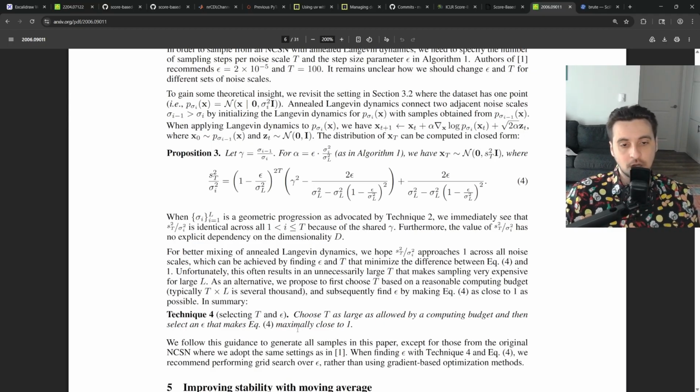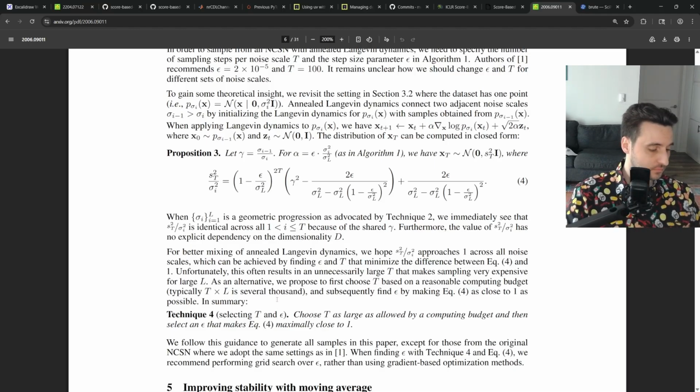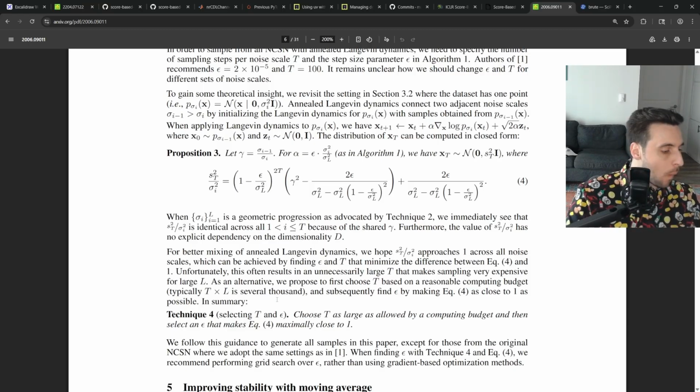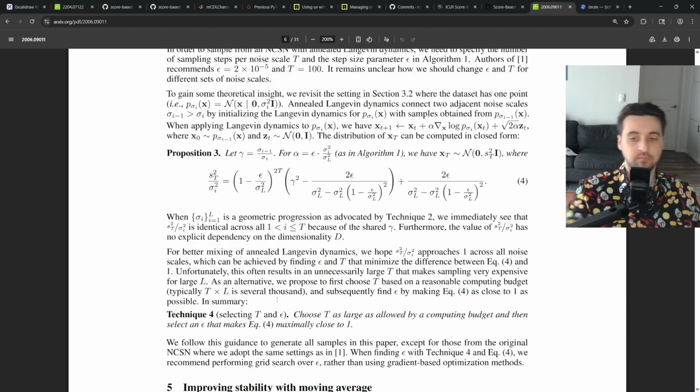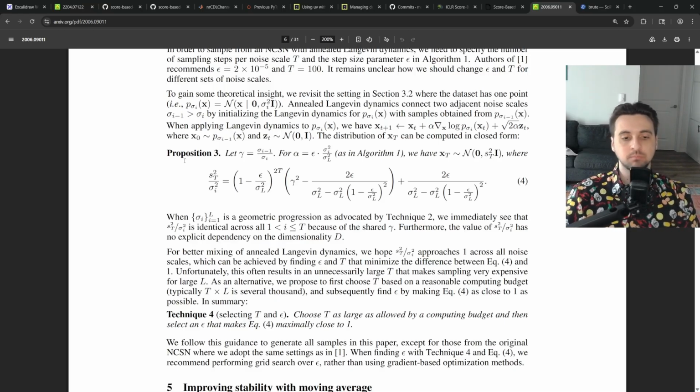Select an epsilon that makes equation 4 maximally close to 1. I don't know what that means. Maximally close? Like close, but also higher than 1?